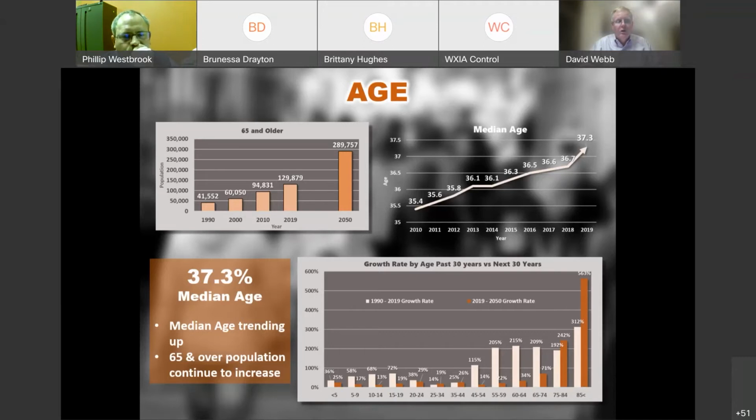And you can see the chart in the upper left. Note that our over 65 population will be over 280,000 projected by 2050. Let's look at education now.